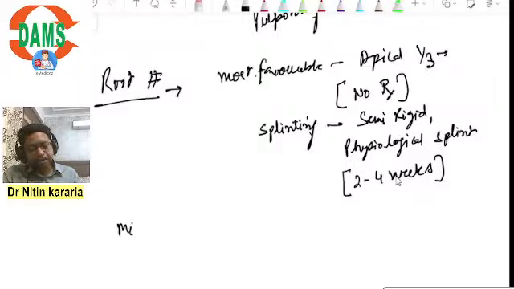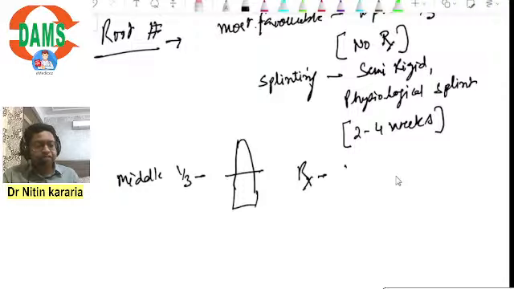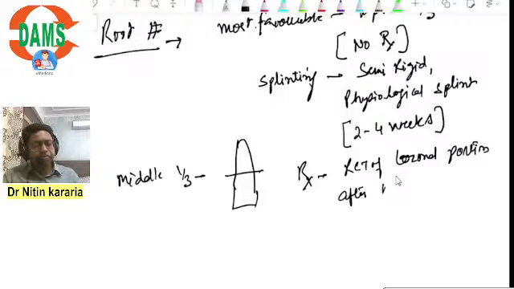Okay, middle 1/3 fracture, if this is the tooth, fracture in the middle 1/3, then the treatment involves RCT of the coronal portion. After apexification, we will do an apical plug formation in the coronal portion and the filling of the root canal of the coronal portion only.